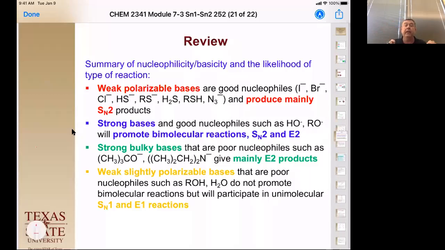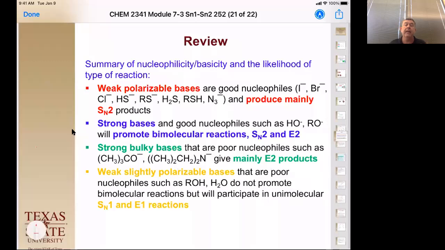Now, when you have those big bulky bases, they are no longer nucleophiles. Big bulky bases only act as bases and give you an E2 product. In addition, they give you the Hofmann elimination product because it's harder to get them into the hydrogens close to the more substituted hydrogens, so it's going to go for the less substituted hydrogens.